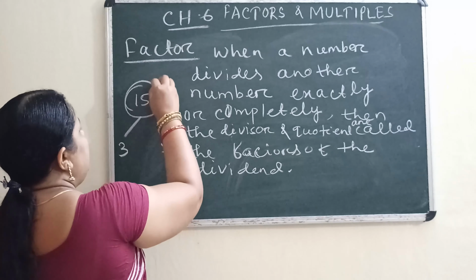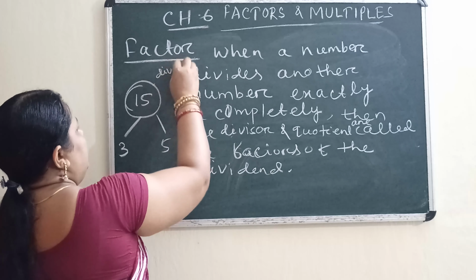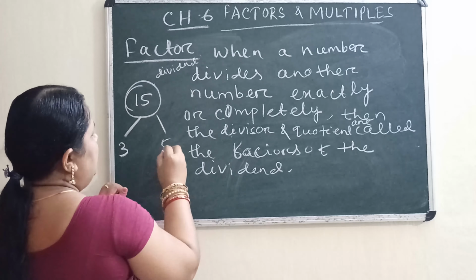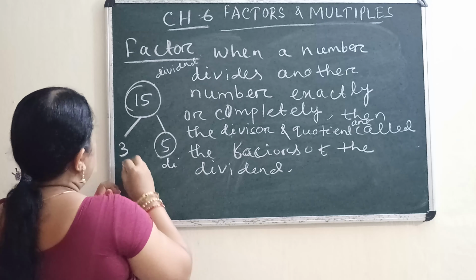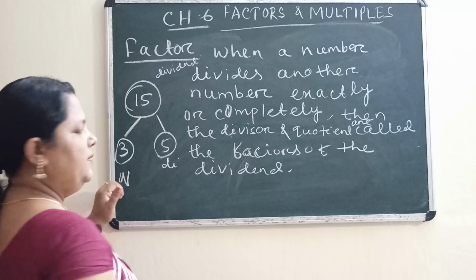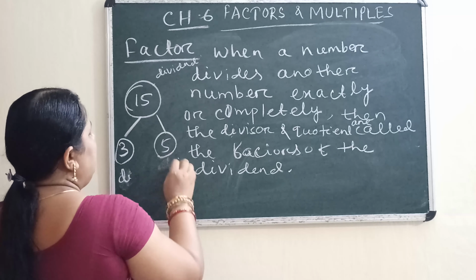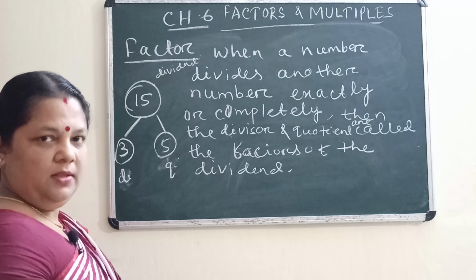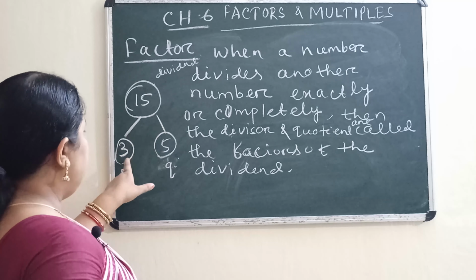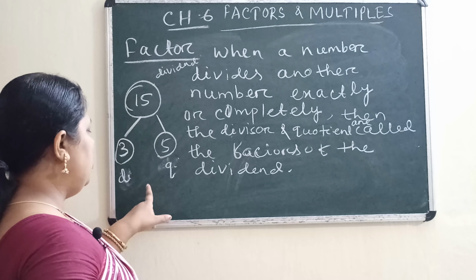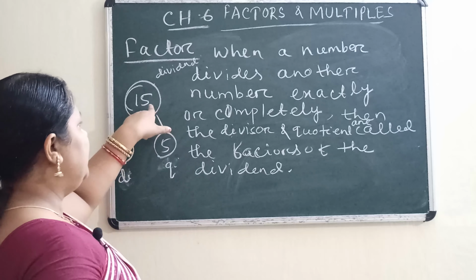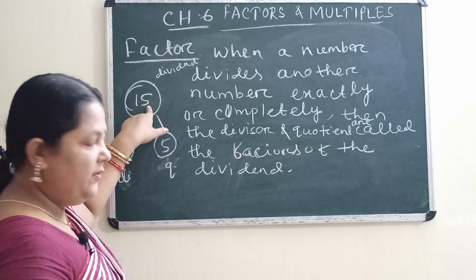So here 15 is your dividend. If this one is the divisor, this one is the quotient. Clear? If this one is the divisor, then this one will be the quotient. Yes. So these two are called the factors of this 15, the dividend.